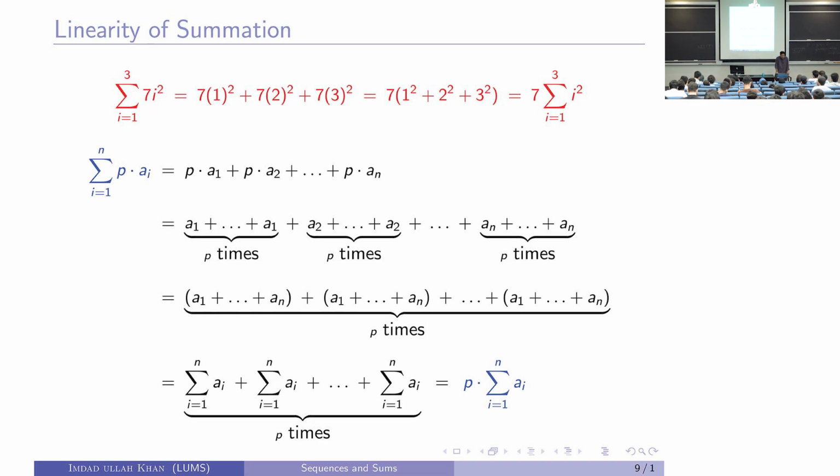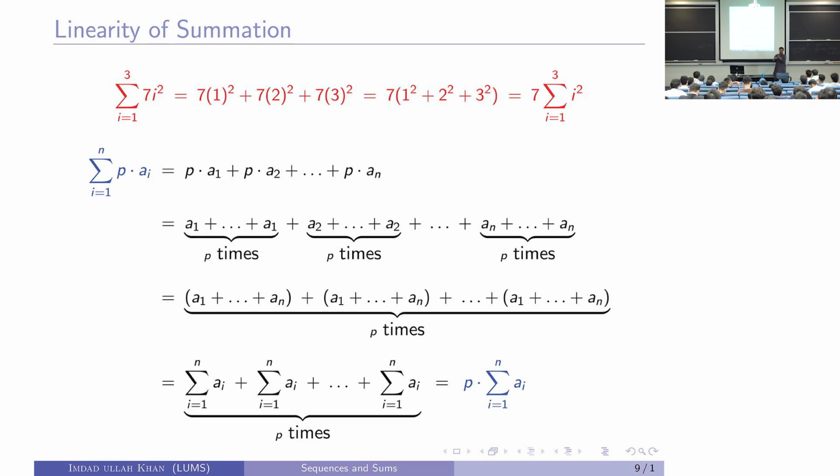Now addition is associative. I can take the first term of the first group, the first term of the second, and so on, and rearrange them in any order. So I take the first a1, the first a2, the first a3, and the first an. That's one group.